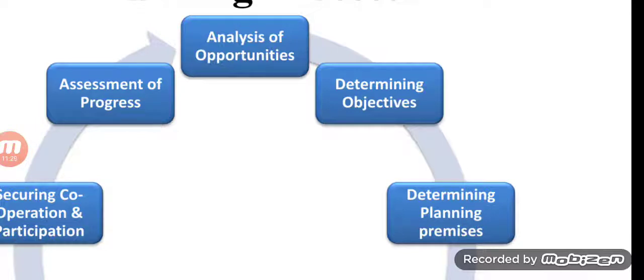First, possible opportunities: how many opportunities are available to us. Second is strength and weakness of the organization to grab the possible opportunities, or we can say that whatever opportunities we are seeing, which is the best for the organization.